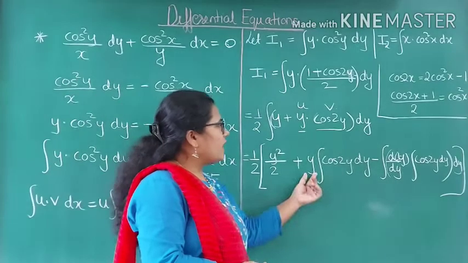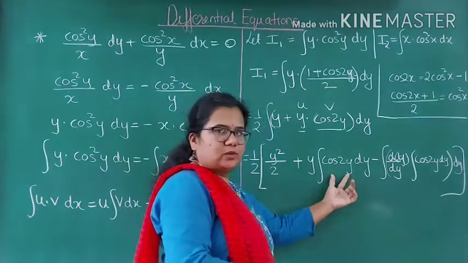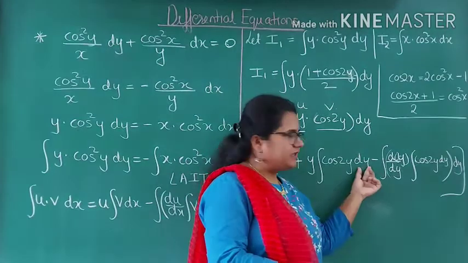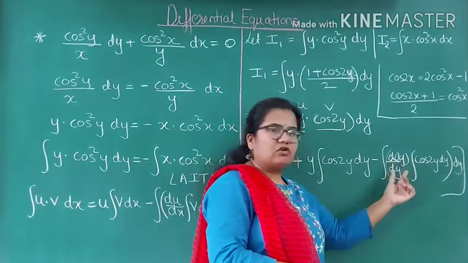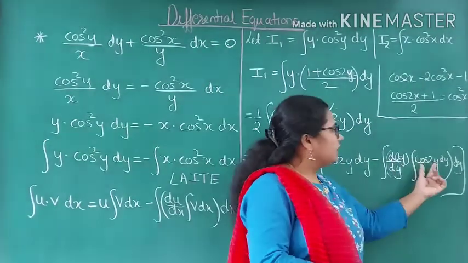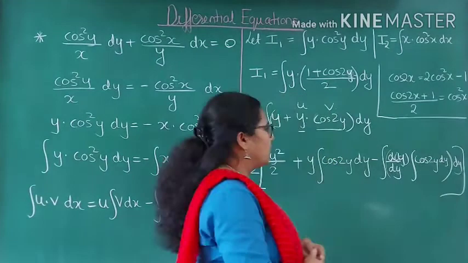Yes, y times the integration of cos 2y, that is function v, with respect to dy, the integration of the derivative of u, that is y, and the integration of v, that is cos 2y.